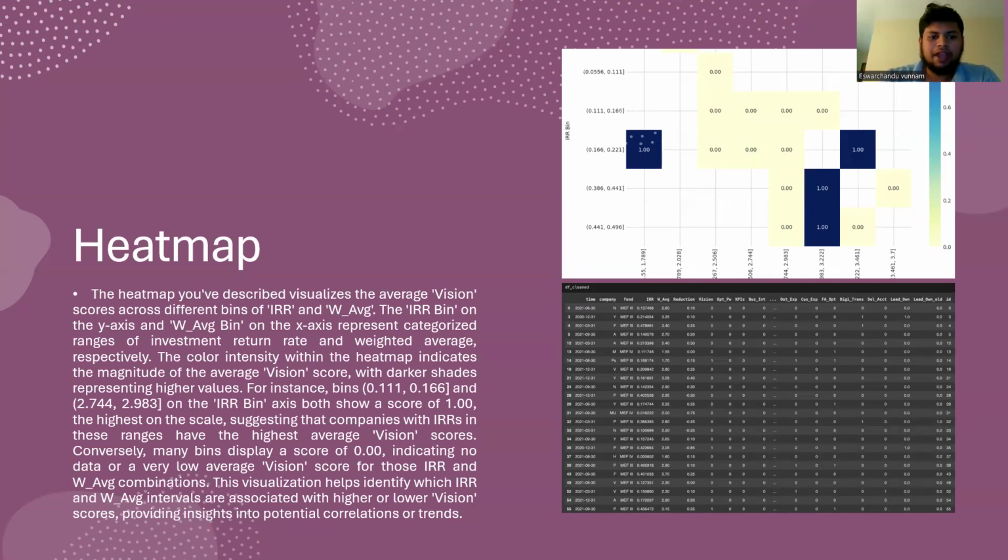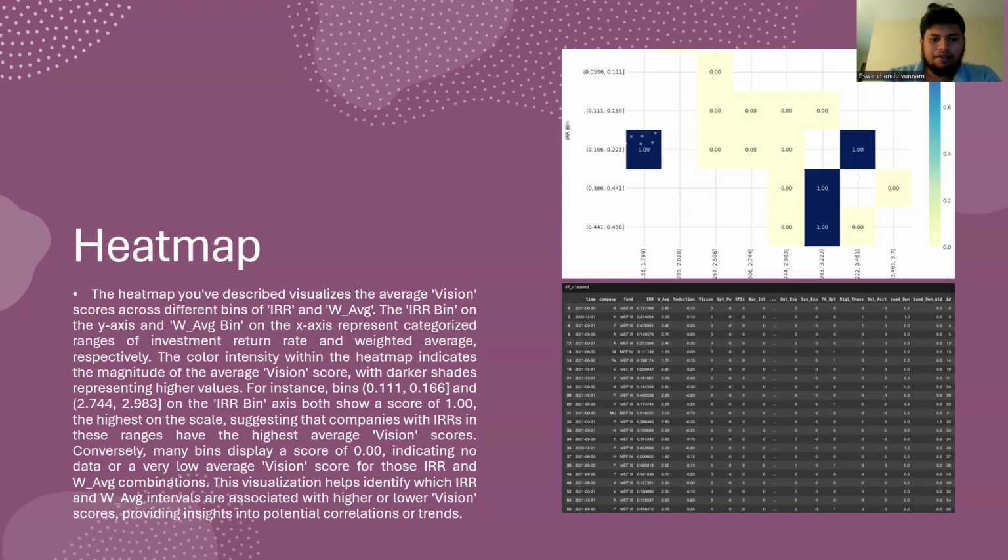The heat map we have described visualizes the average vision scores across different bins of IRR and average. The IRR bin on the y-axis and the average on the x-axis represent the categorized ranges of investment return and weighted average respectively. The color intensity within the heat map indicates the magnitude of the average vision score, with darker shades representing higher values.